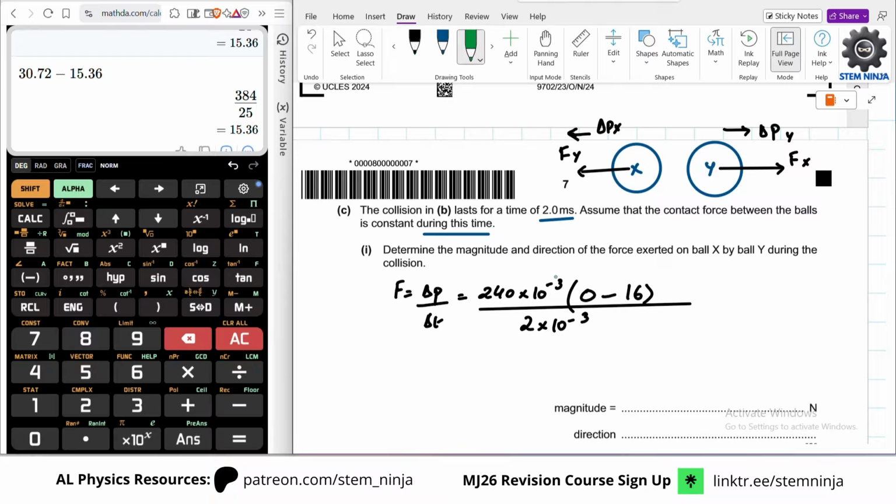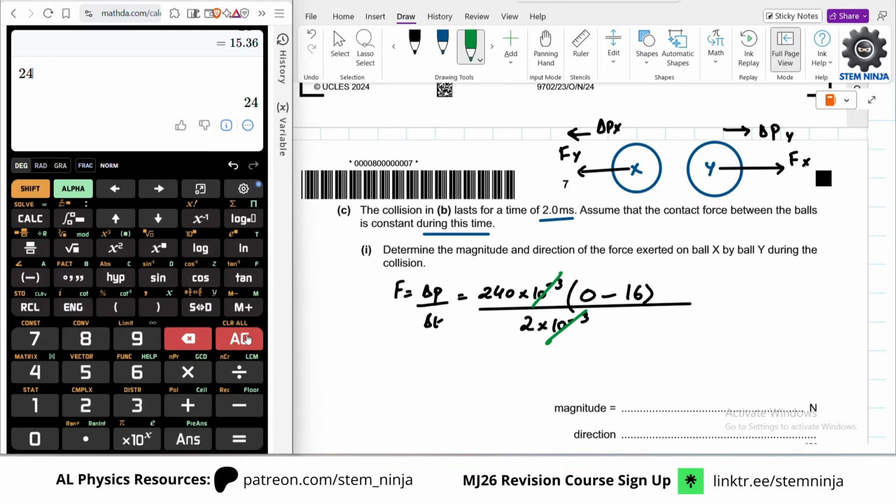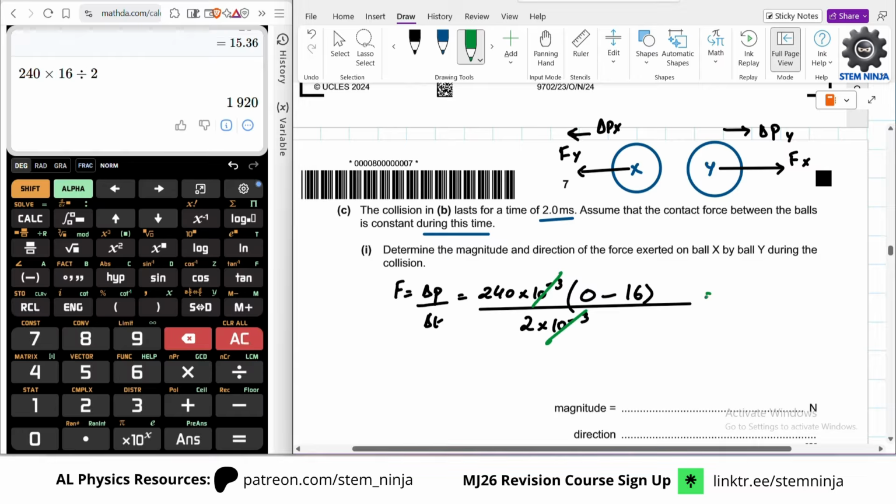So the minus 3 component will get cancelled. You have 240 times 16 divided by 2, you get minus 1920. The minus sign already shows you that this is in the opposite direction. So 1900, two significant figures, and towards the left.